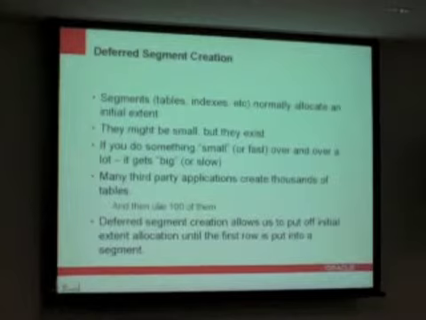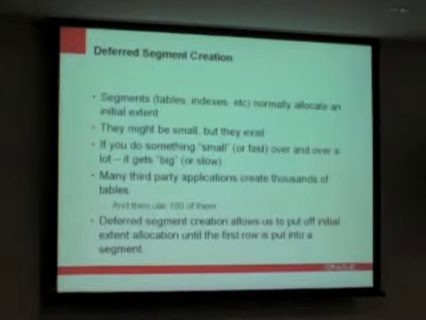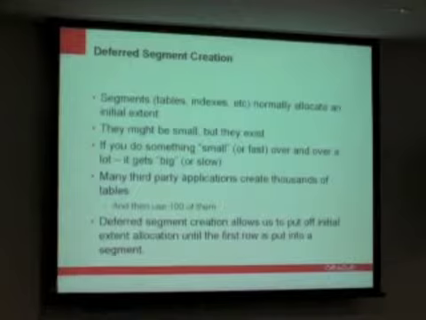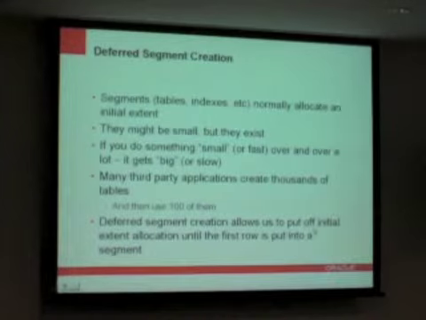So they allocate a lot of storage, waste space, and they clutter up our data dictionary. You go into Enterprise Manager, and there's thousands of extents out there, only 100 of which are really being used. This new feature allows us to defer, put off the initial extent allocation until we put the first row into the database table.